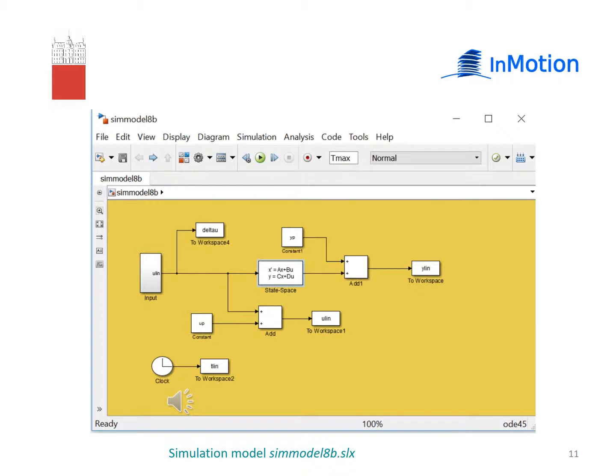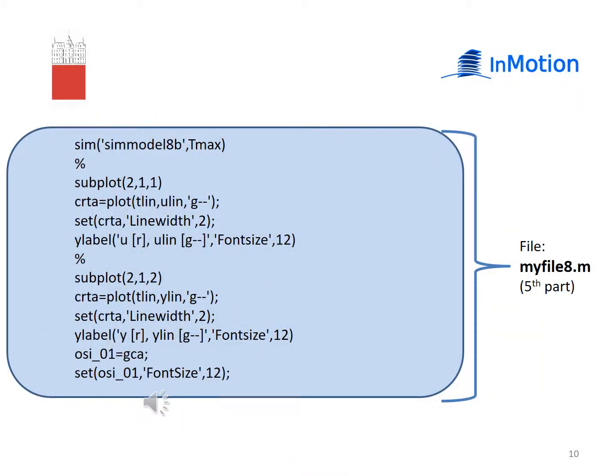To the input and to the output signal of this linear model the operating points were also added, because we would like to compare these two signals with the signals of the nonlinear model. In myfile8.m, the simulation run was realized for the linear model first, and then the signals were plotted in the previously generated figure.